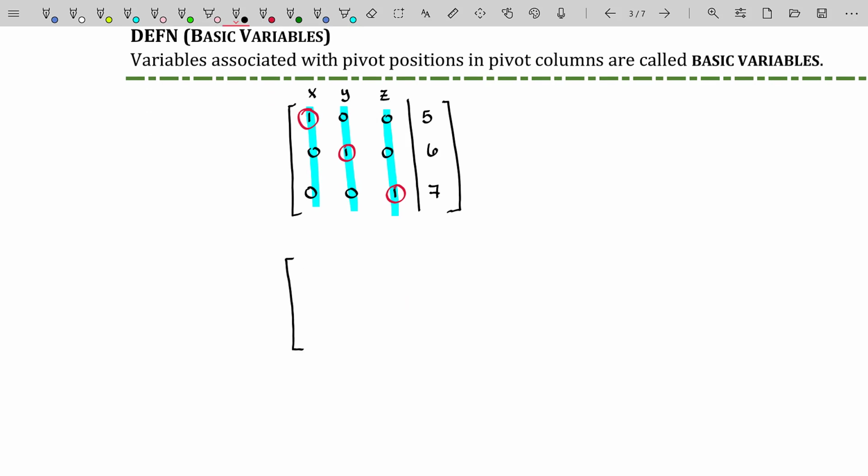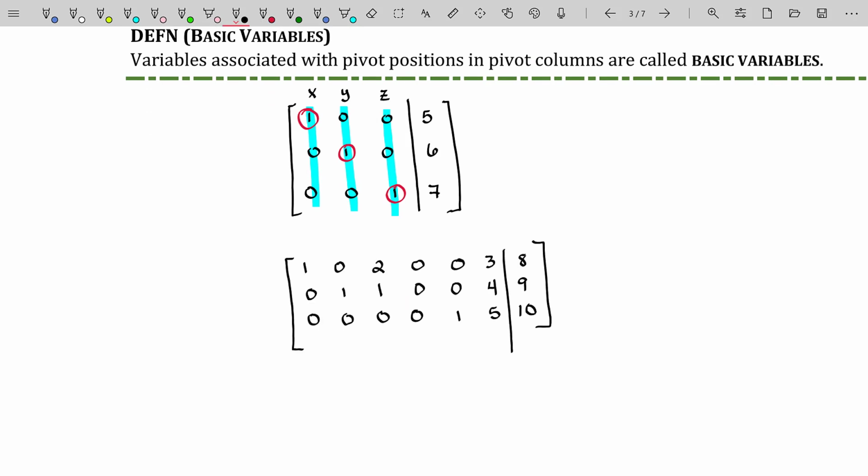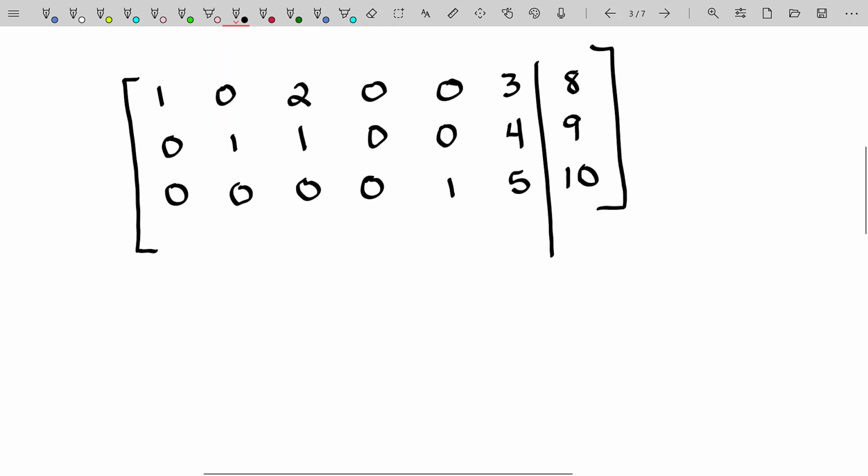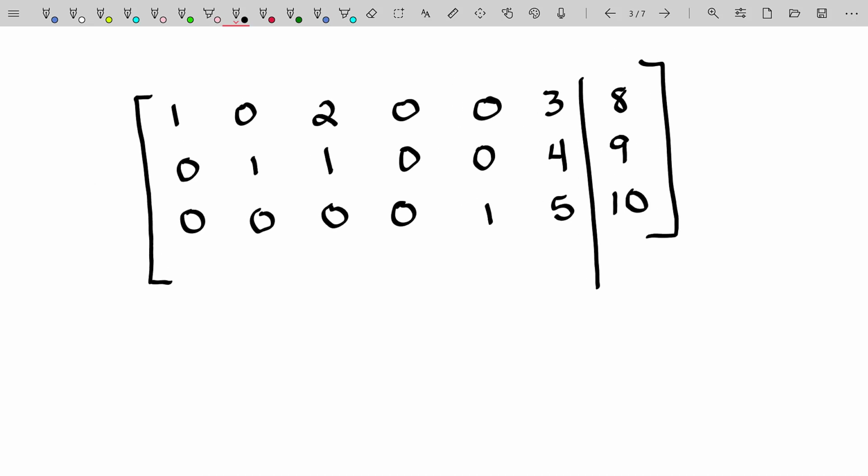For example, suppose that your augmented matrix ended up, after using the row reduction algorithm, looking like this. Now notice we have some pivots right here, here, and here.